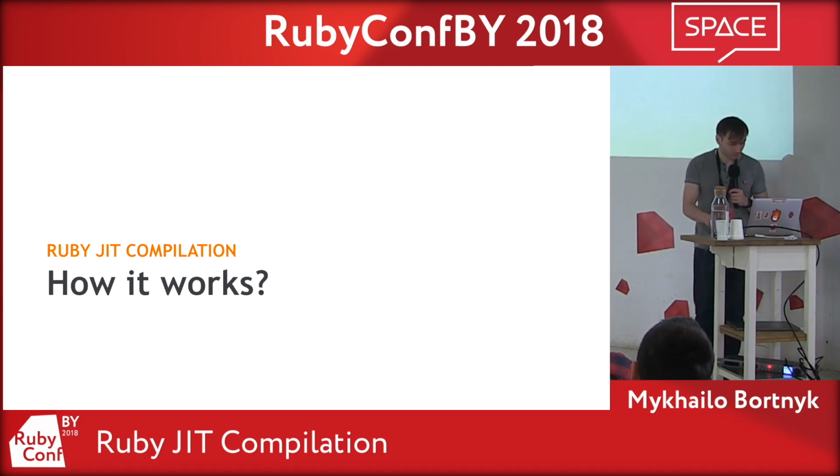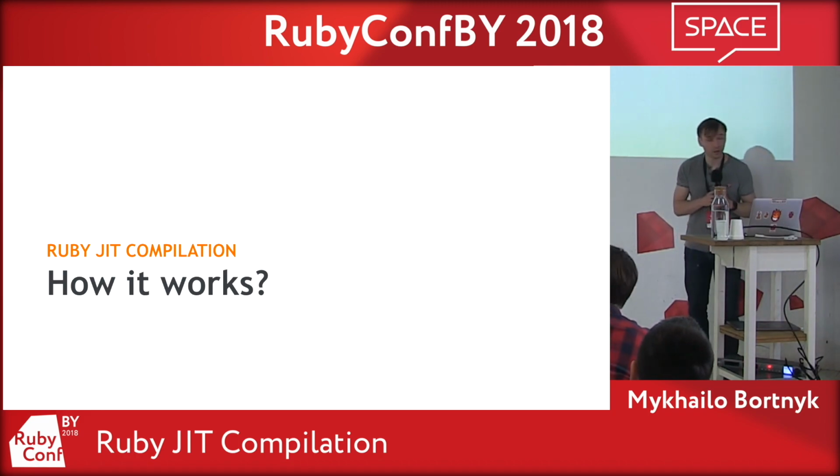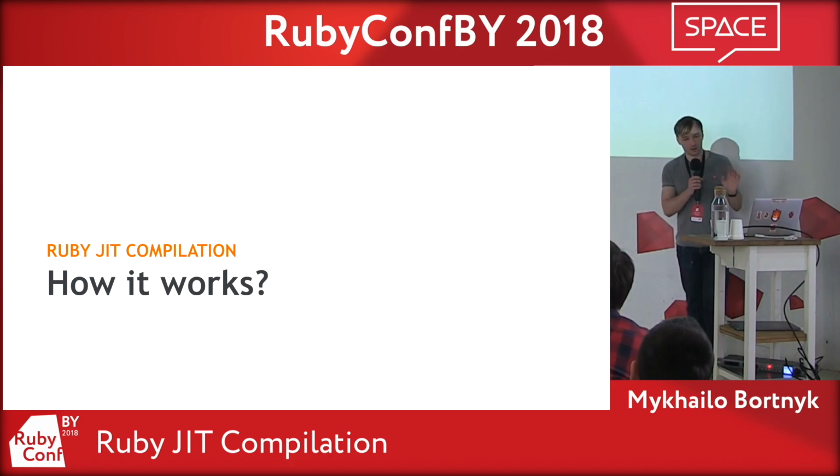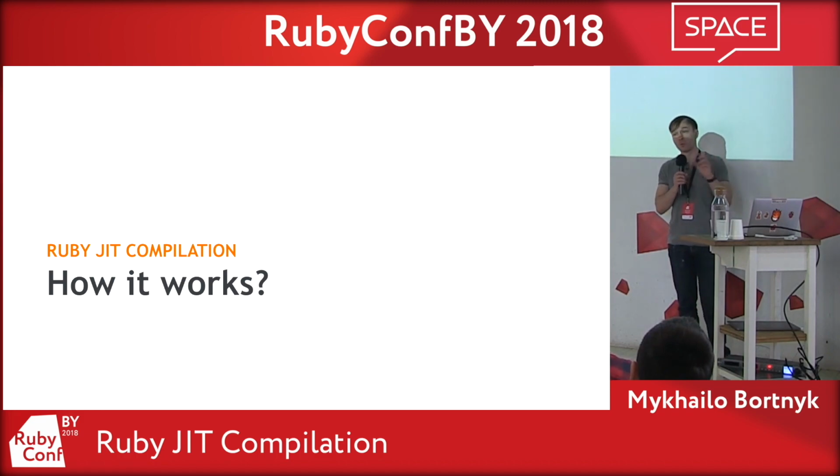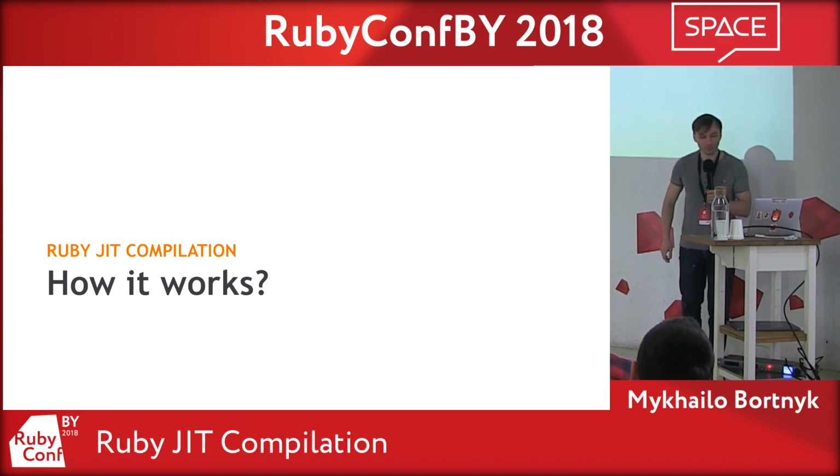Okay. So how does JIT compilation work? Let's start from the beginning. When you write your Ruby code, you're writing some strings. Those strings are parsed to tokens. Those tokens are built up into abstract syntax trees.